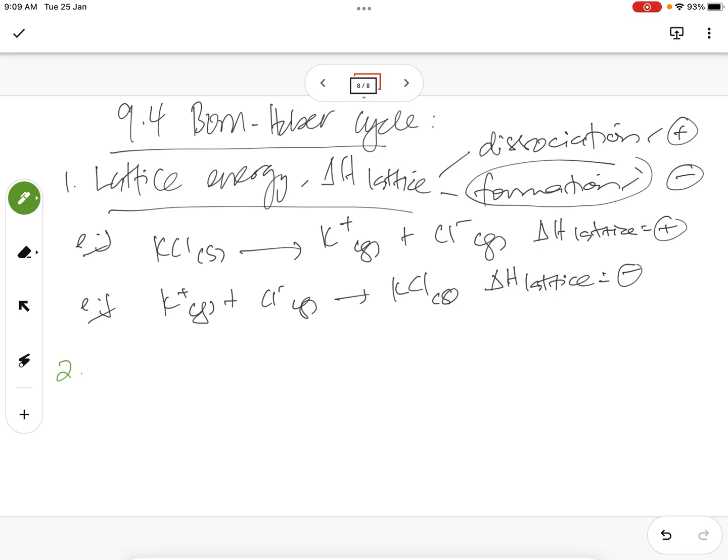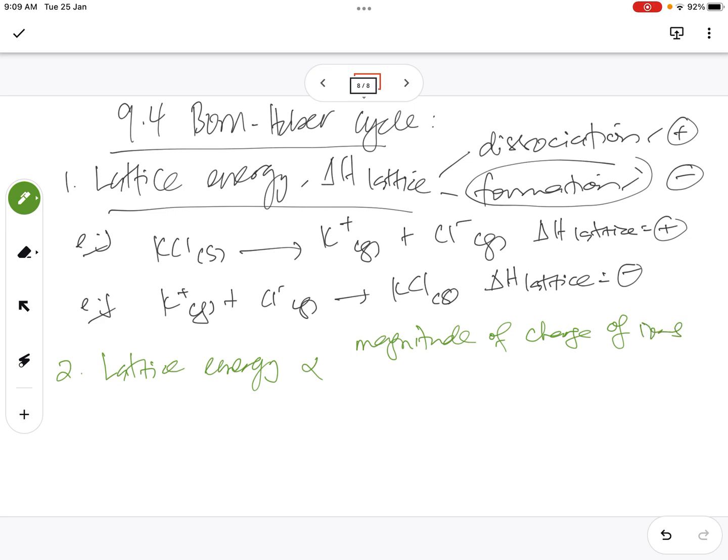Then lattice energy is not a formula, it is a relationship. To determine lattice energy, there is a mathematical relationship: it is directly proportional to the charge of ions and inversely proportional to the ionic radii of ions.